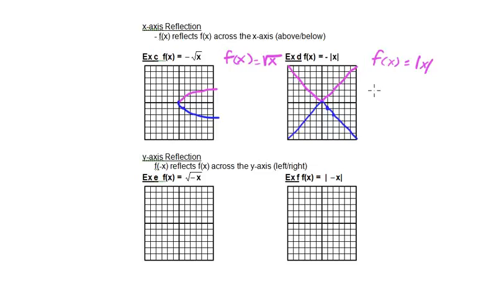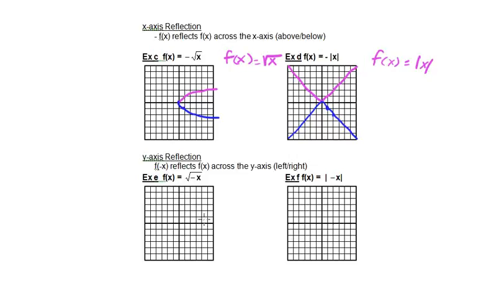So you can note that every point on the original graph of f of x is equal to absolute value of x has a corresponding point with a negative y value for the function that we're given, f of x is equal to negative absolute value of x. Next, we're going to look at y-axis reflection, which goes in the other direction.